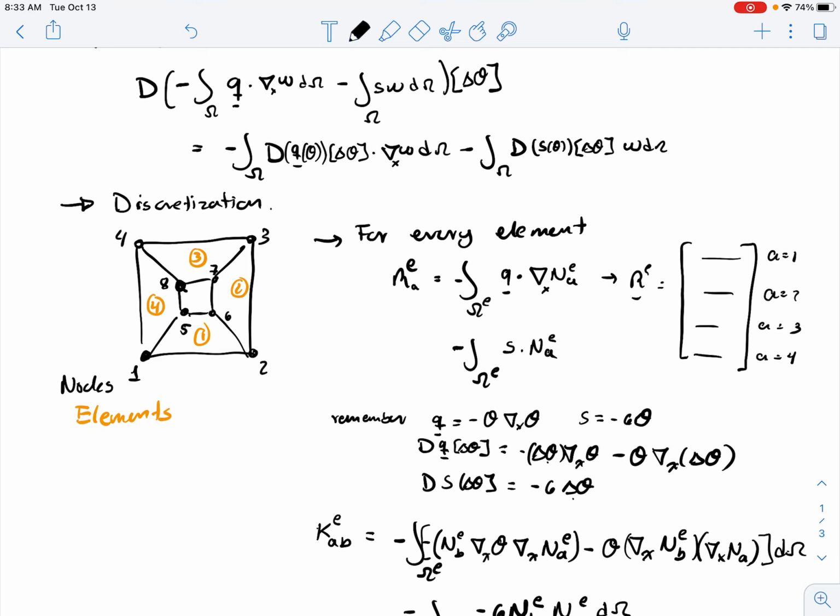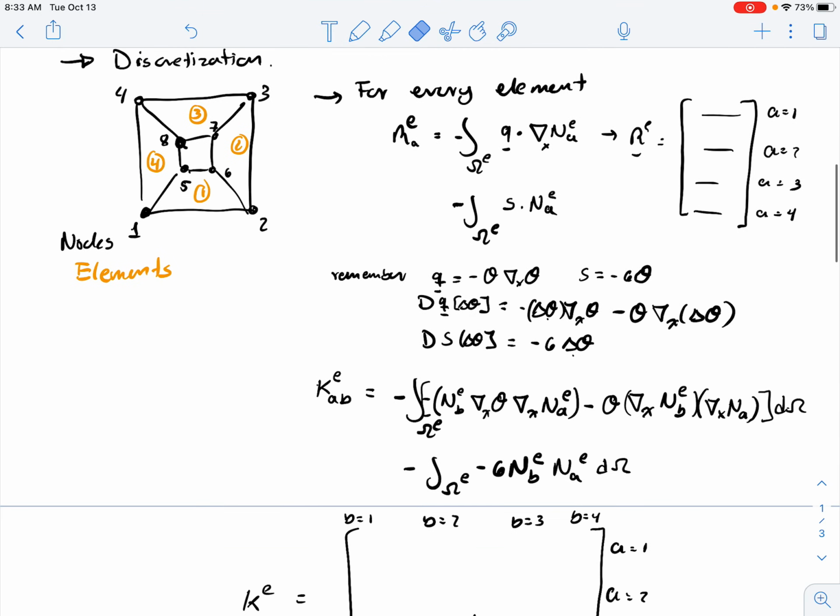So here I have the linearization in general terms, in terms of the increment, this delta theta. But then when I put it into the integral, I get rid of the nodal values, and I just end up with shape functions, right? So instead of increment theta, I end up with shape function B. Instead of gradient of the increment, I end up with gradient of the shape function.